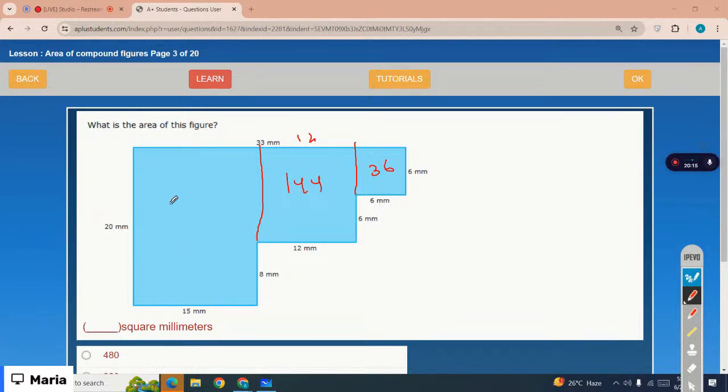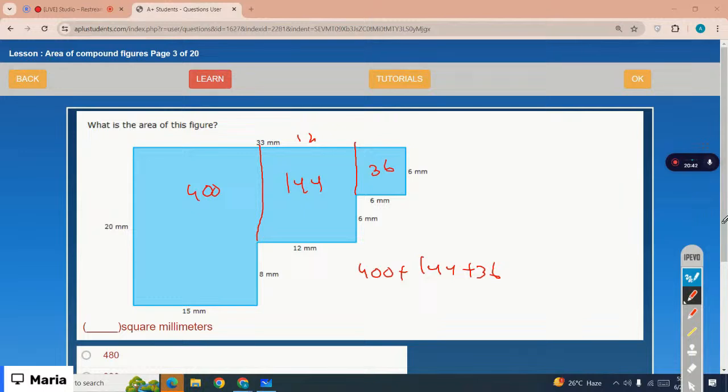And 20 times 20 is 400. So just add them: 400 plus 144 plus 36.